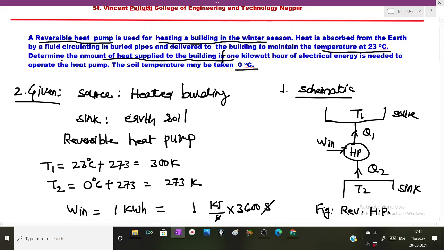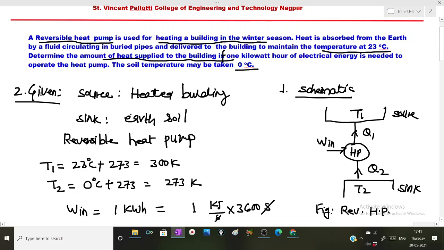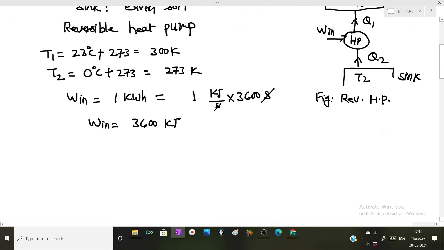What you are supposed to find out: determine the amount of heat supplied to the building. So the heat supplied to the building is nothing but Q1. So let us do our required calculations.